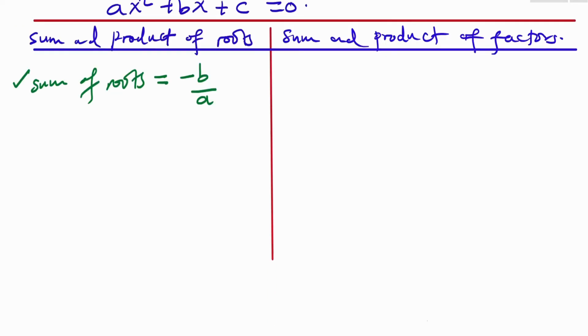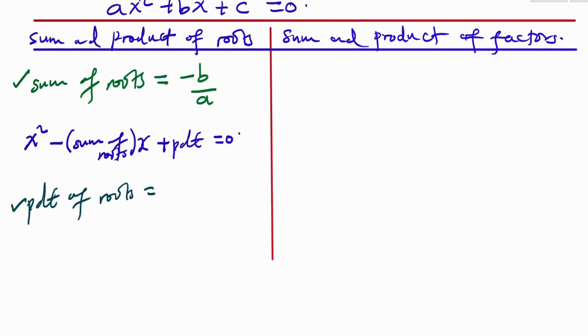This is because when we are forming a quadratic equation given the roots, we always use the formula x squared minus the sum of roots into x plus the product of roots equals 0. So this negative is coming because as we are formulating a quadratic equation given the roots, we put a negative here. Secondly, we shall have the product of roots, which is equal to c divided by a.